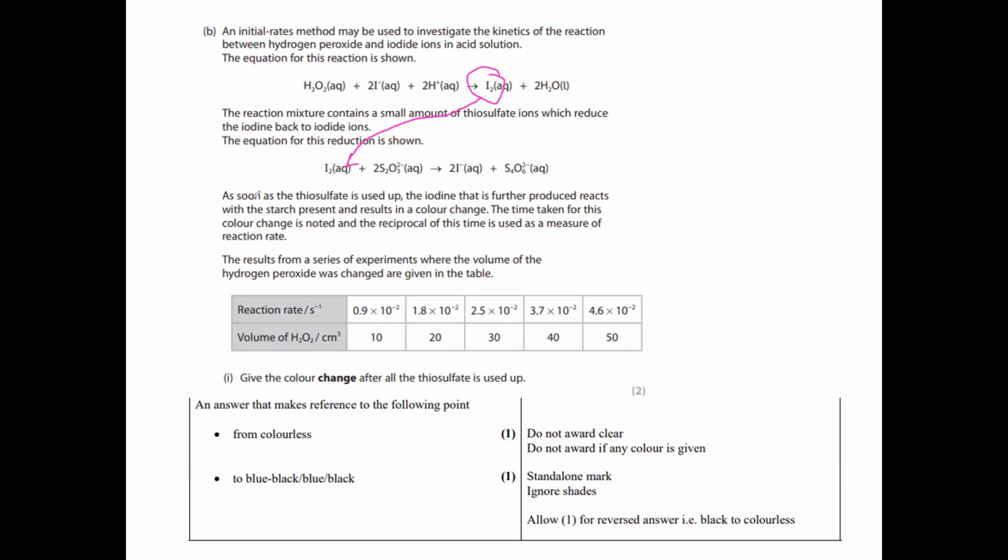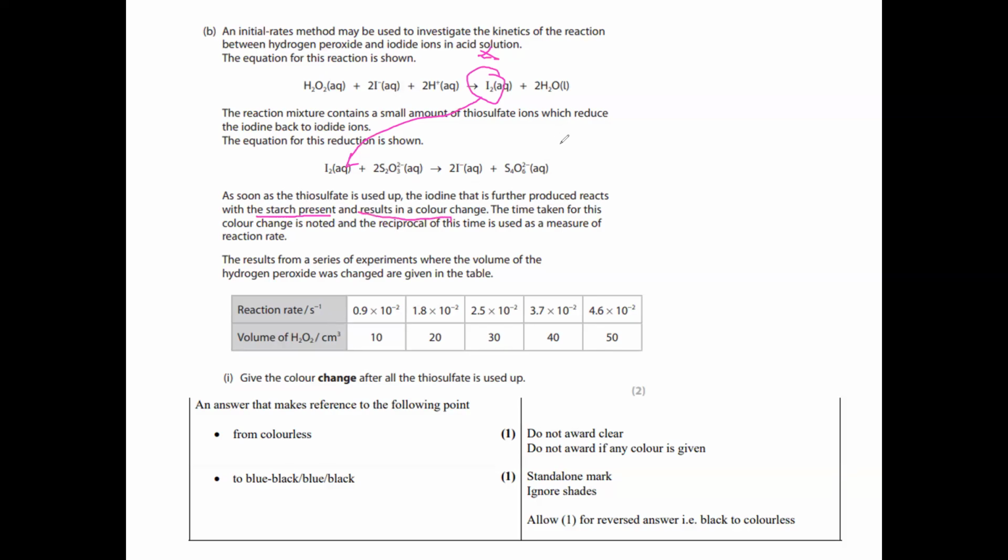Okay. As soon as the thiosulfate ion is used up, iodine is further produced. So that means while thiosulfate ion is still there, this iodine can't do anything. But when the thiosulfate is finished, the further produced iodine reacts with starch. We have starch in the system, and it results in the color change.